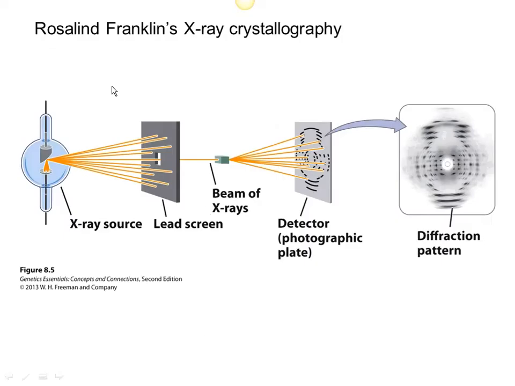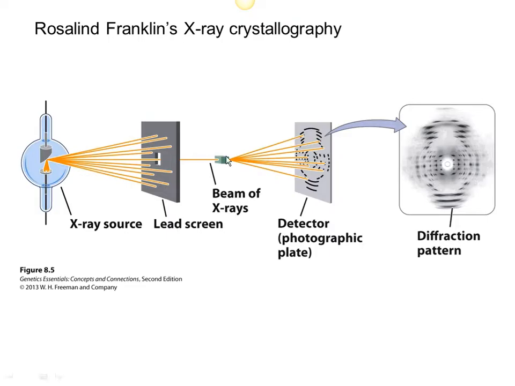So one of the critical pieces of data came from a scientist named Rosalind Franklin, who was doing X-ray crystallography of DNA. You have to get DNA to make a crystal. That's actually easy to do because DNA forms a crystal pretty nicely.